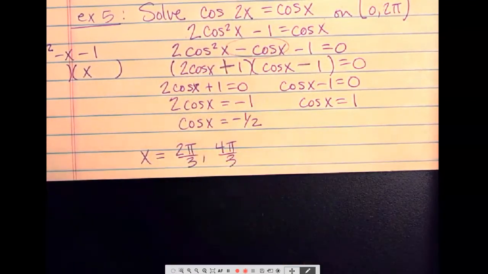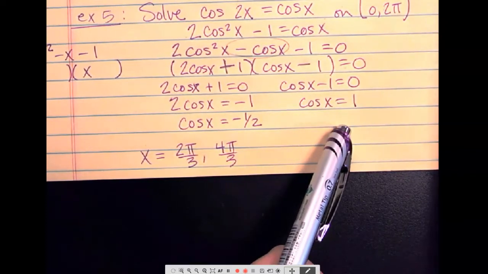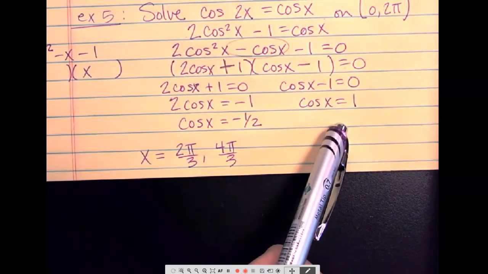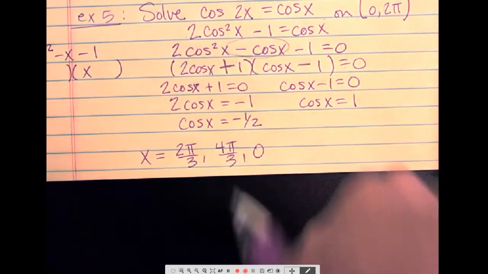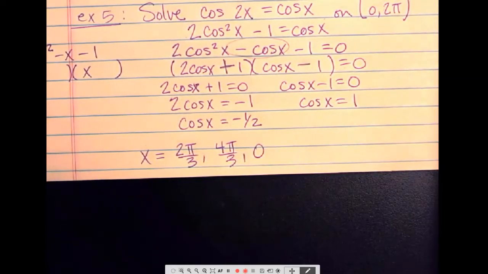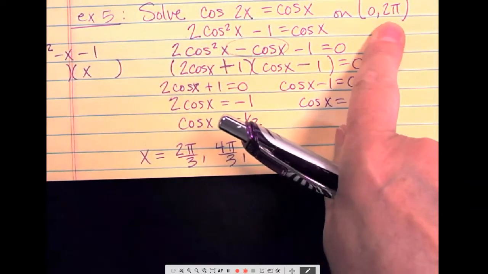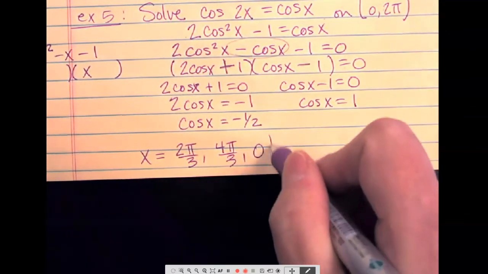Anywhere else? Nope, that's it. Okay, so let's go to cosine equals 1. Where does cosine equal 1? 0. Do I use 2 pi also? No, because of the parentheses at 2 pi. So that's it.